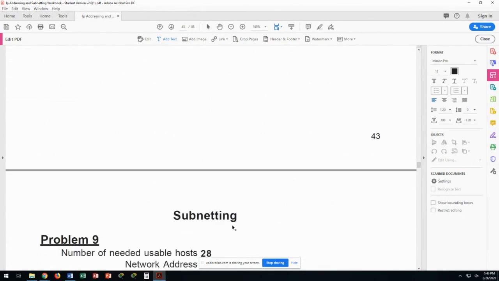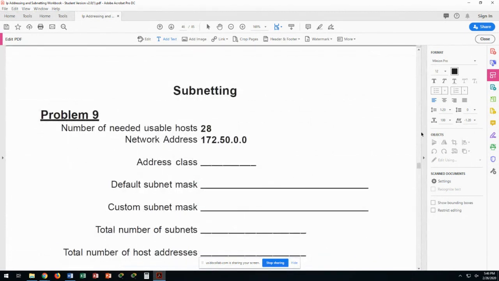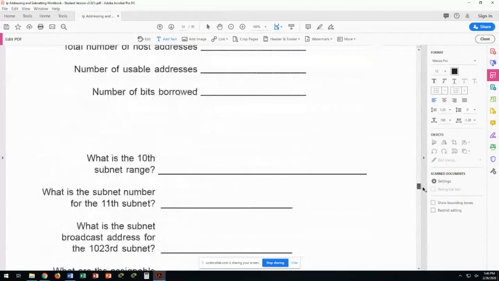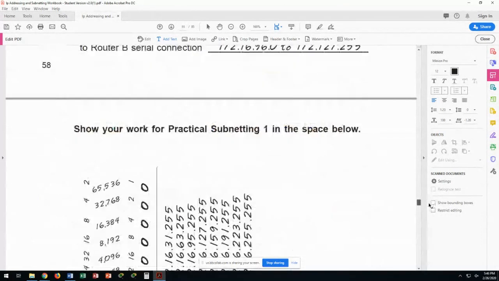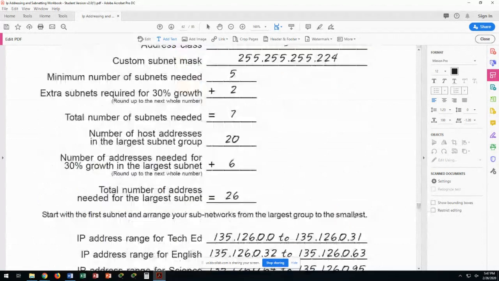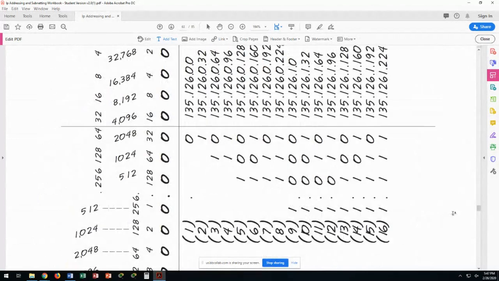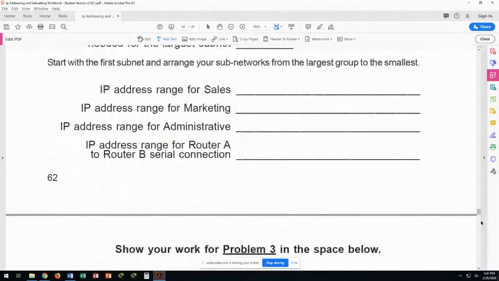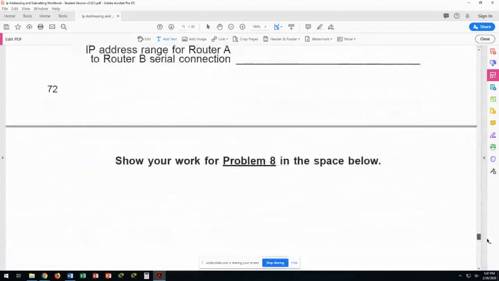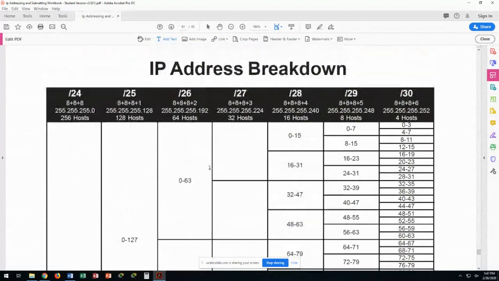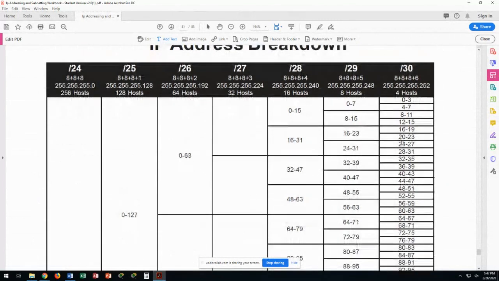So there's some with the host only. I will say that there are some aids in the back too. Let's go back here. Some of these will work for you, some may not. All right, so I got some tables here showing the /24s, 25s.